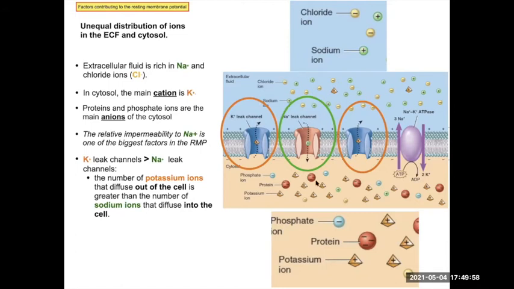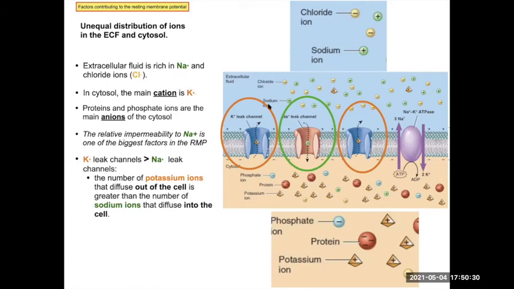It's relatively impermeable, keeping all those sodium ions outside. There are more potassium channels, and there's more potassium in here. Potassium would leak out when allowed. These are going to open and close back and forth. They're considered leak channels. But there's a difference between sodium and potassium channels, and that'll make a difference as we'll see later on.